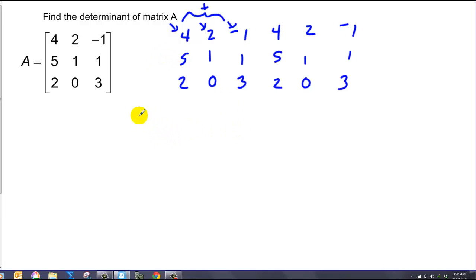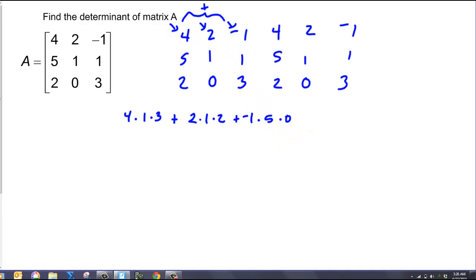So my first diagonal, I have 4 times 1 times 3. I'm going to add that to 2 times 1 times 2. I'm going to add that to negative 1 times 5 times 0.